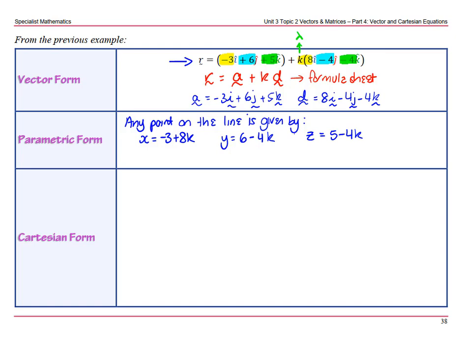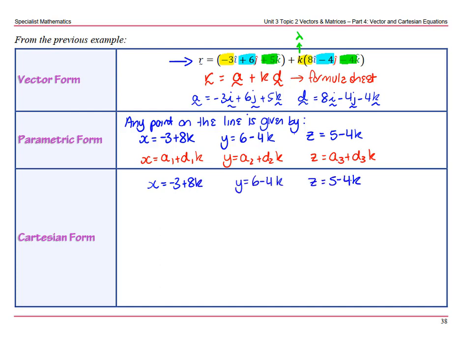So they're our parametric equations. Note that they're in the form of x equals a1 + d1k, y equals a2 + d2k, and z equals a3 + d3k.